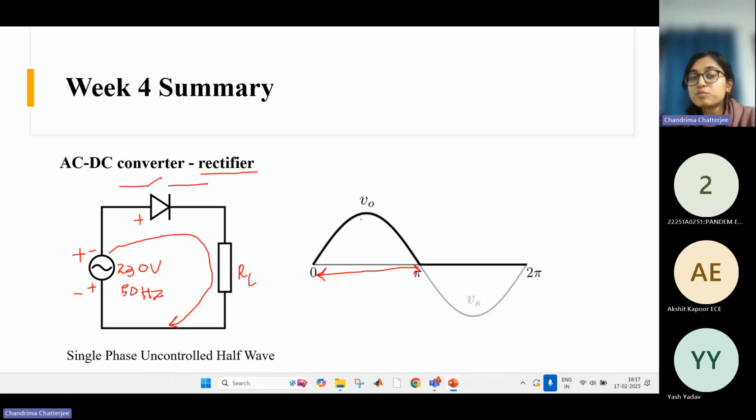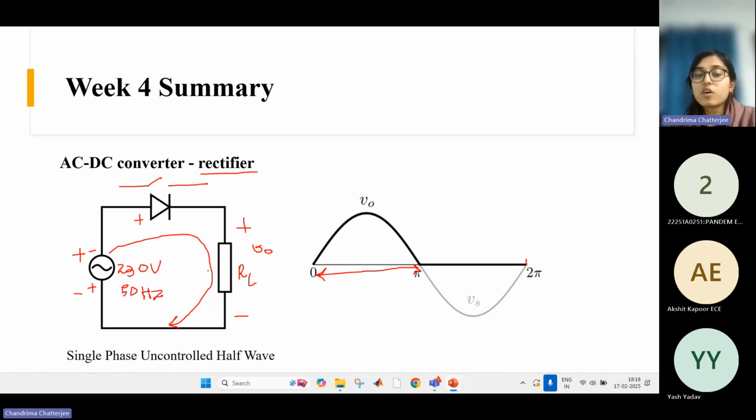So the voltage across the load resistance is our output voltage, V naught. V naught is 0 during the entire negative half cycle. Is it fine? Right, so this is pretty straightforward.